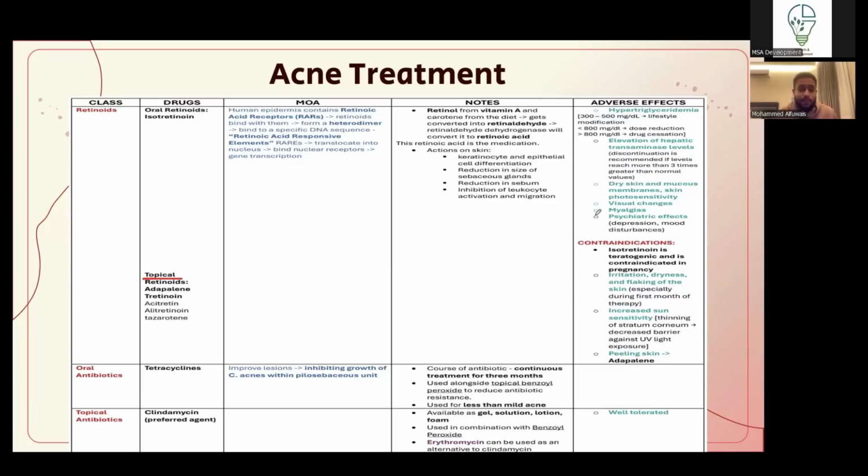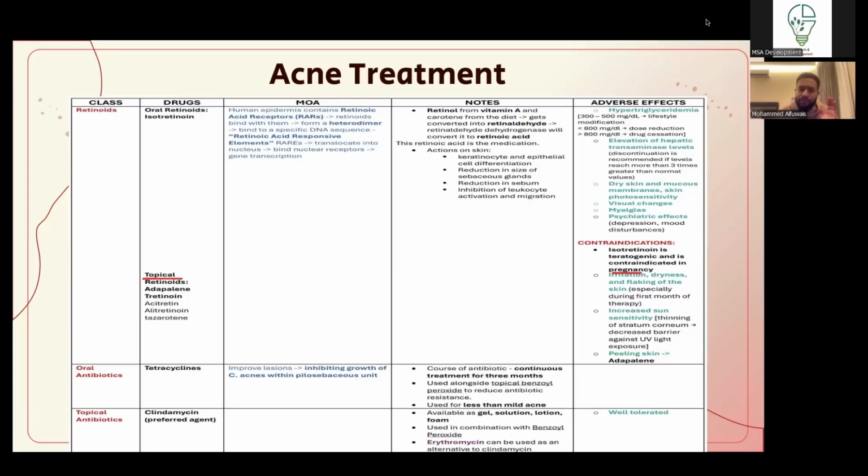Why? Because these medications are severely teratogenic. Okay, that's it about retinoic acid. Other side effects are hypertriglyceridemia and hepatitis as well. But the very important thing to remember is its association with pregnancy.